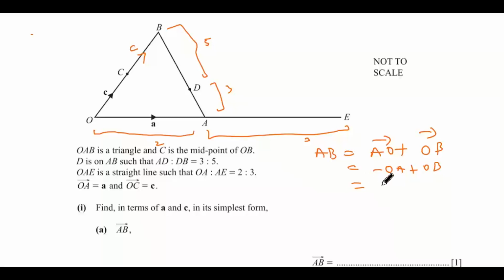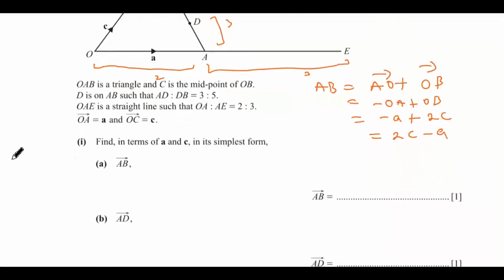So this will be minus A plus OB, which is 2C, which is the same as 2C minus A. So that is vector AB: 2C minus A.